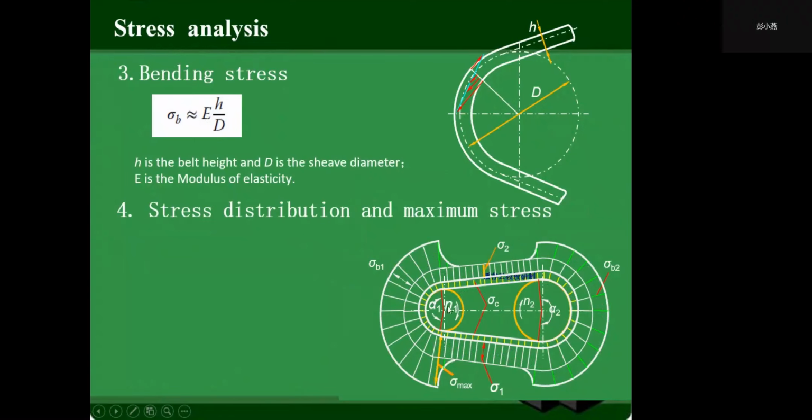D is the sheave diameter. So for the driving pulley, or the driving sheave, the diameter D is smaller. So the bending stress sigma B1 is larger than sigma B2. So the maximum stress occurs where the belt enters the small sheave.